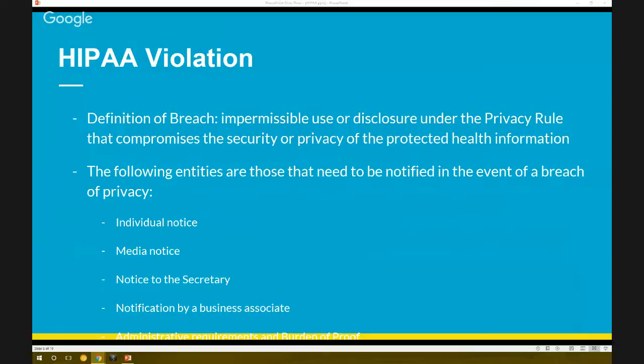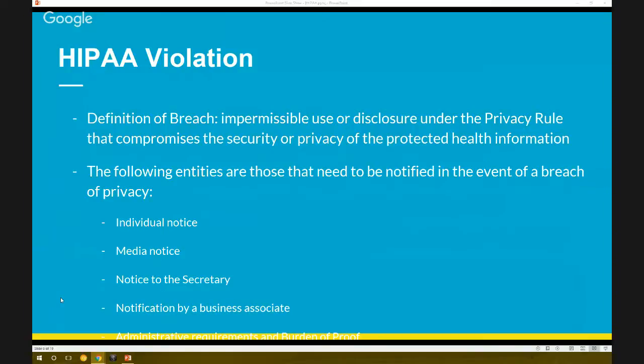Another one is notice by a business associate, and this is that the business associate must notify the covered entity upon discovery of the breach. And then administrative requirements and burden of proof.